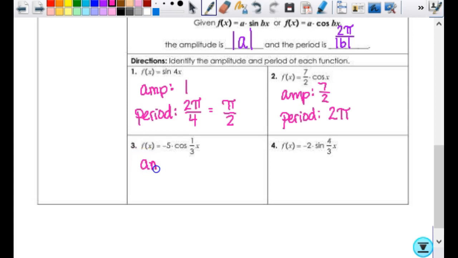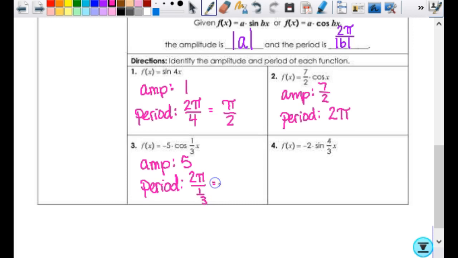Number 3, your amplitude is, this is a -5, but amplitude is 5 because it's the absolute value. The period, think about what the period would be. This is 1/3. The period of the parent function is 2 pi, and we've got to take 2 pi and divide it by 1/3.